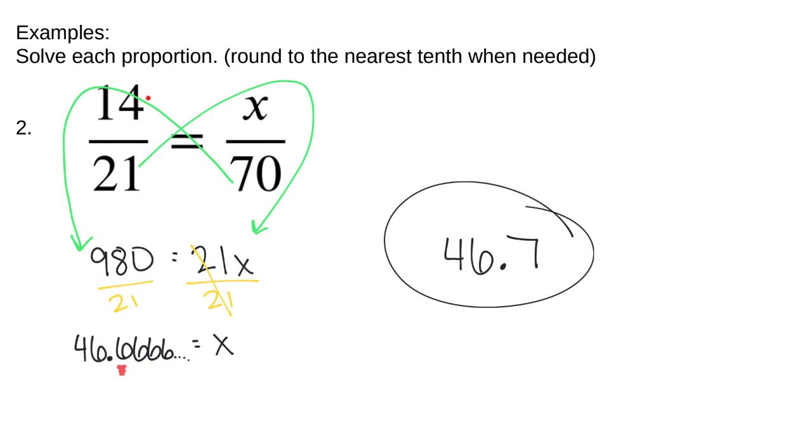You could also do 14 divided by 21 on your calculator and see if you get the same decimal as when you do 46.7 divided by 70. Because remember, if this is a proportion, this fraction should be equivalent to this fraction, meaning they have the same value, whether they're in fraction or decimal form.